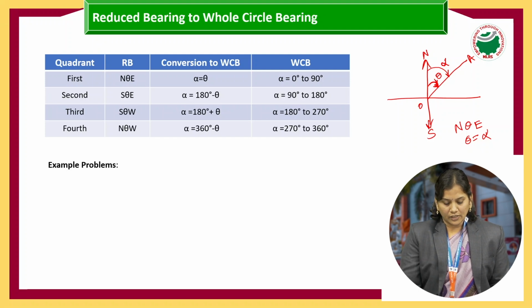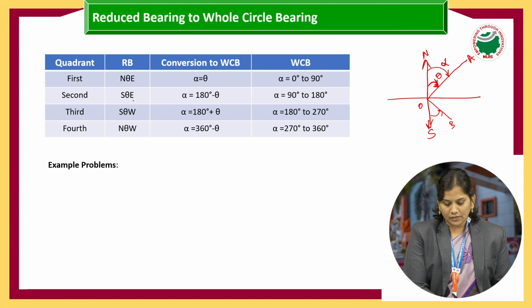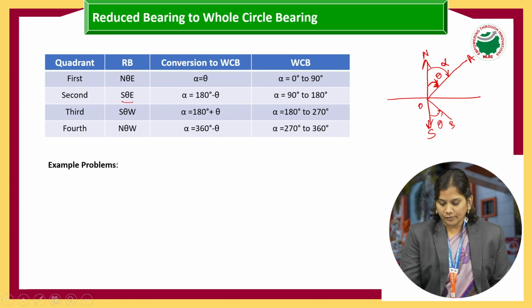And we will see the second one. If the survey line is in second quadrant, then we will represent it as, you can observe in the table, south theta east, and this is the theta.